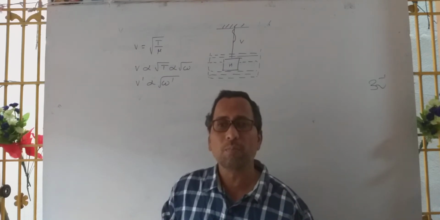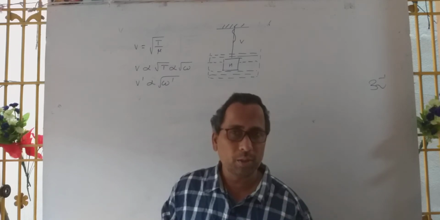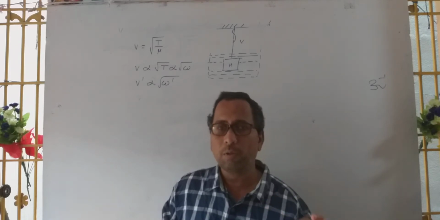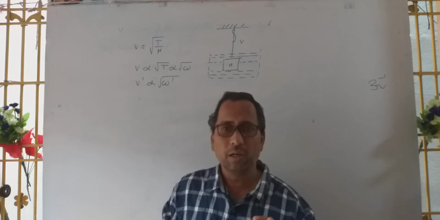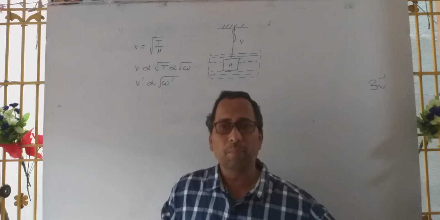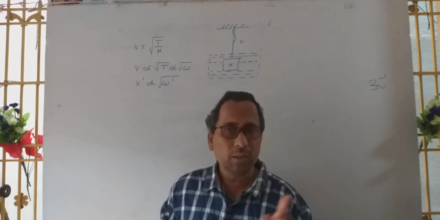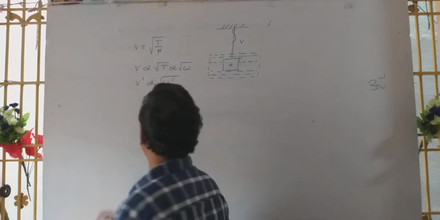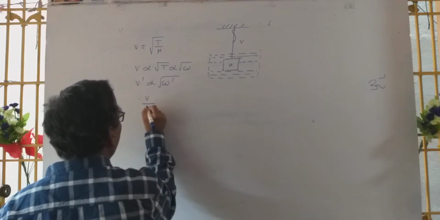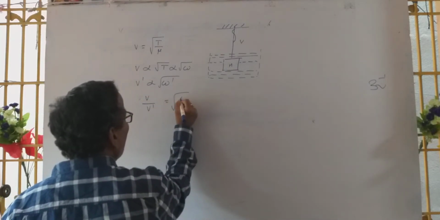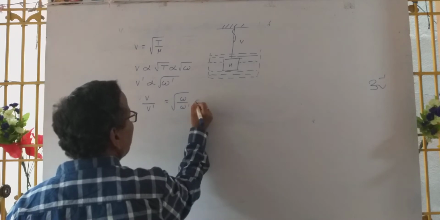It loses some weight according to Archimedes principle. So W is the original weight in air, and W dash is the apparent weight when it is kept immersed in the fluid. That's why we are dividing the two conditions. Then v by v dash is equal to root of W by W dash.